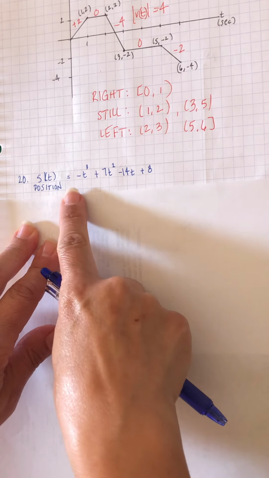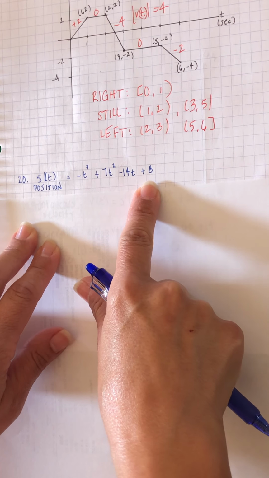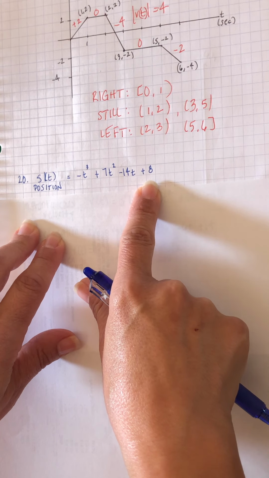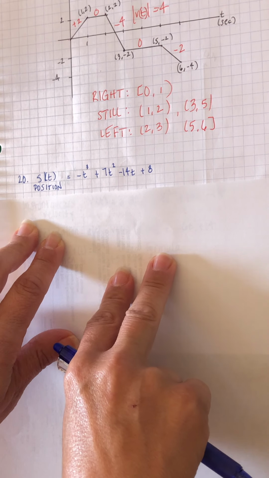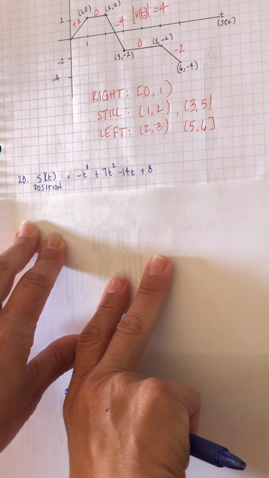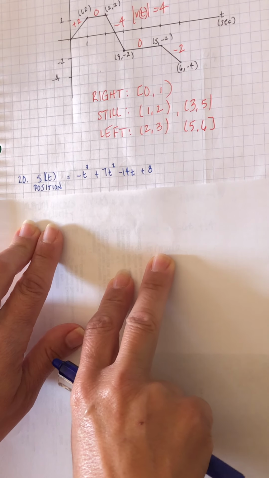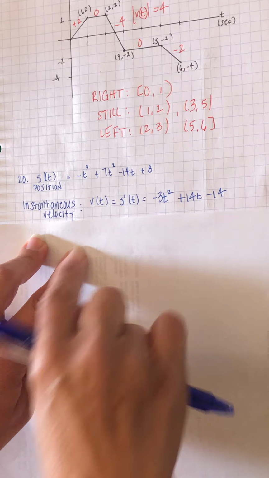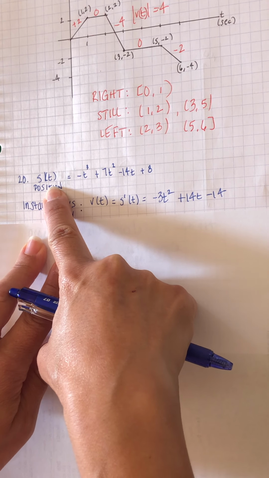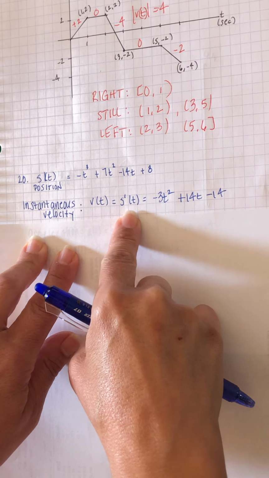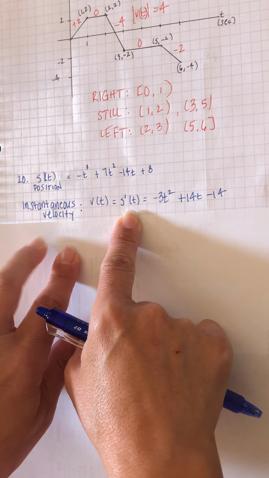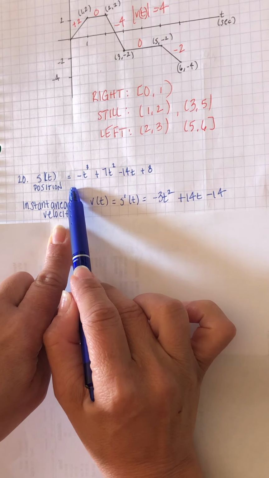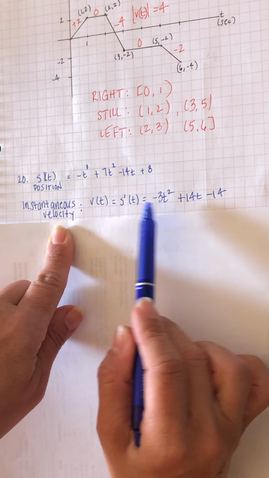Anyway, I digress. So this is the equation they give you for the position. And the first thing they want to know is the instantaneous velocity at a point in time t. So velocity is the derivative of the position. Using the power rule, the 3 becomes a coefficient, so you get -3.